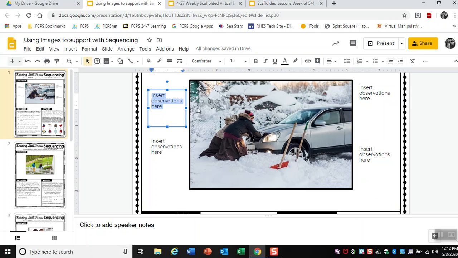So what I'm seeing is it looks like the car is stuck and they are trying to get it out. Another observation that I can see is that it is snowing or it is winter.